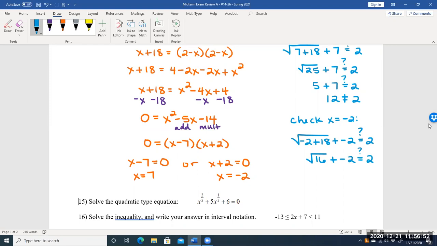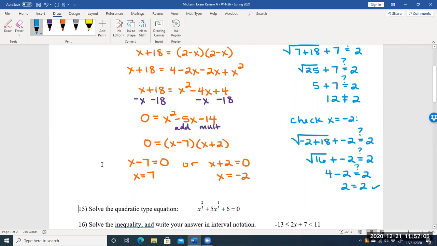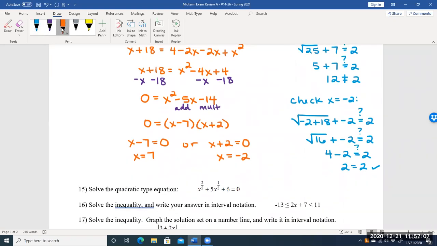And that is okay because 4 minus 2 does equal 2. So 2 equals 2 and we're great. That's perfect. So when I go to state my answer to this equation, 7 is extraneous, so it would not get reported. And I would just say x equals -2.